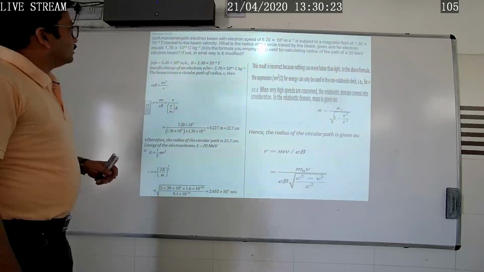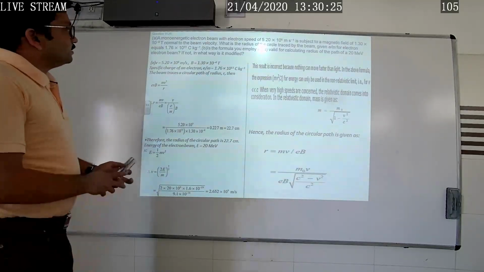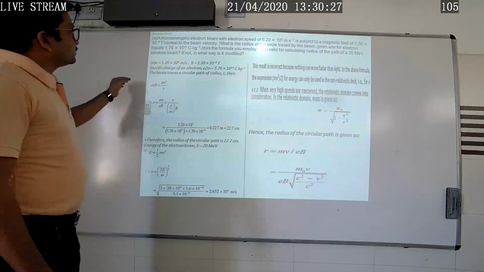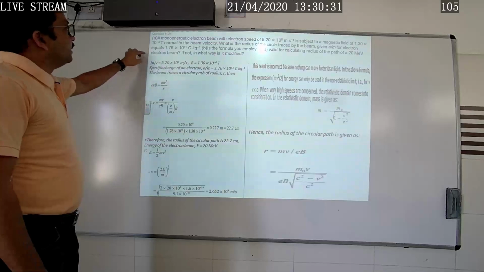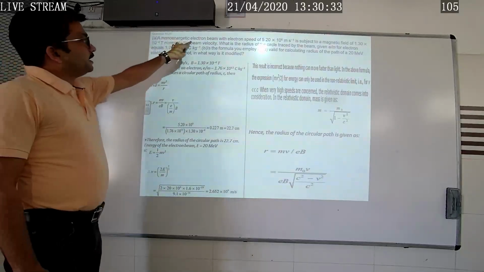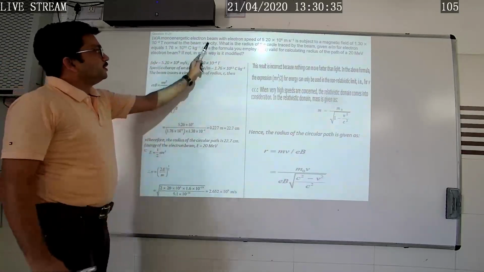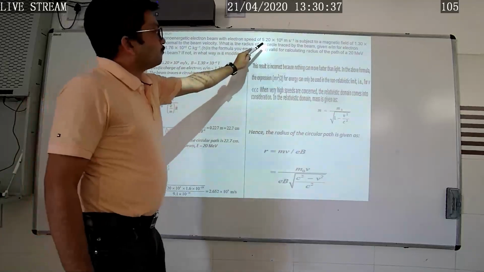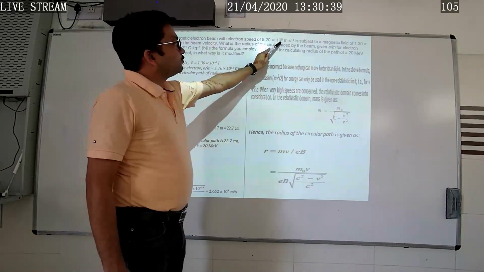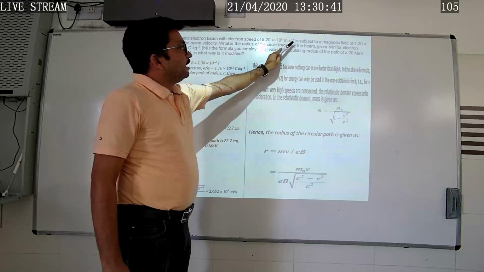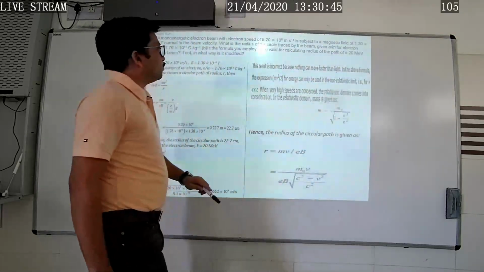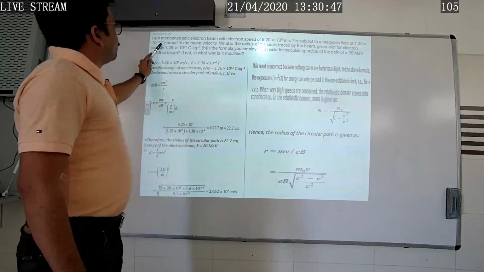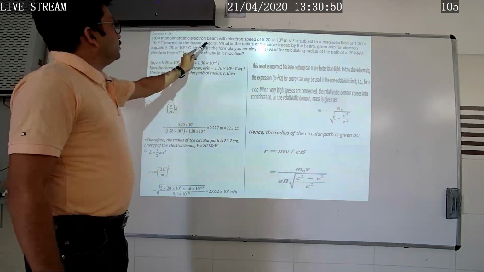Today we are going to study the 21st exercise. In this exercise it says, a monoenergetic electron beam with the electron speed of 5.20 into 10 power 6 meter per second is subjected to a magnetic field of 1.30 into 10 power minus 4 Tesla normal to the beam velocity.